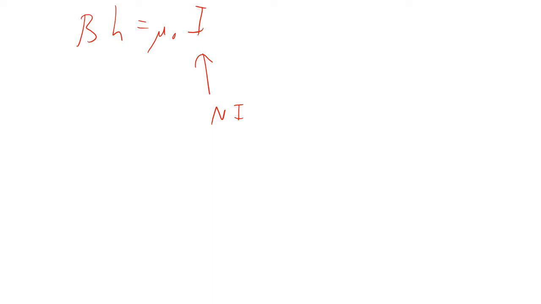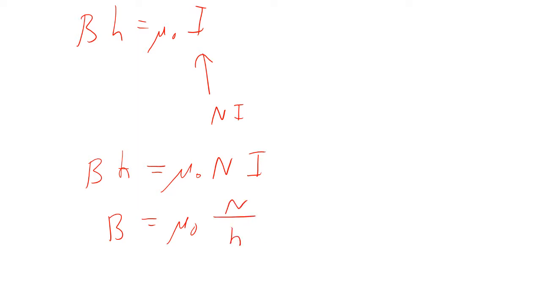N is going to be an integer, just the number of loops. So now my equation is b times h equals mu naught times n times I. Okay, so b equals mu naught n over h times I. So that's the magnetic field inside of that solenoid.